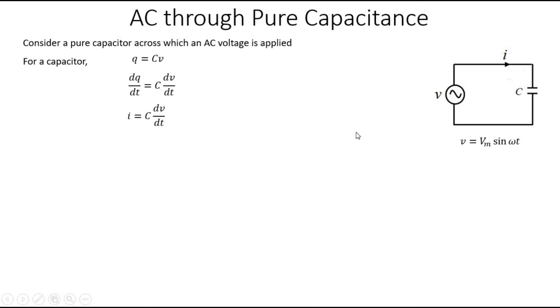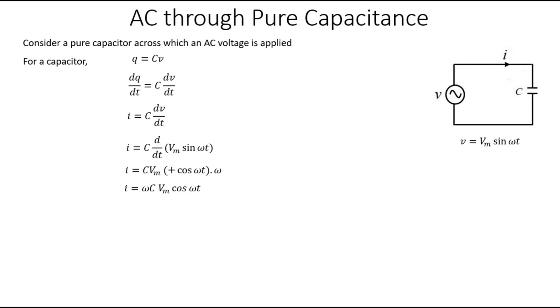Here V is Vm sin omega t, so we can substitute for V. We get I equal to C d by dt of Vm sin omega t. Vm is constant and the differential of sin omega t is cos omega t into omega. So C Vm cos omega t into omega, so it becomes omega C Vm cos omega t.